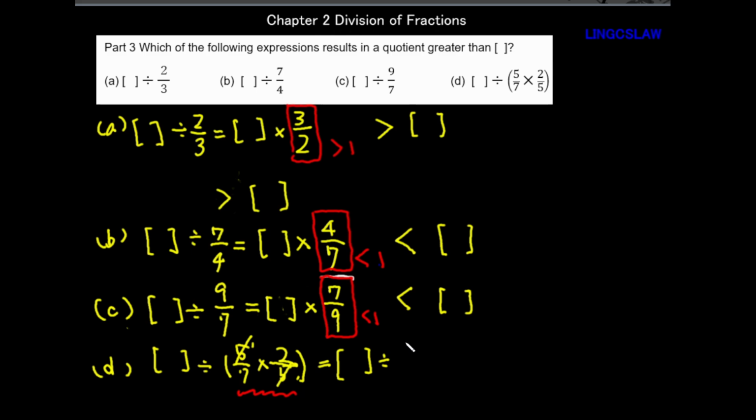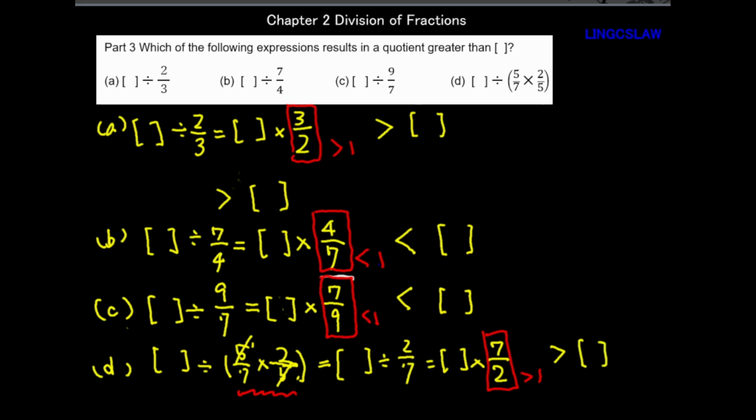So 2 over 7 equals something times 7 over 2, and 7 over 2 is greater than 1. Therefore the quotient is larger than the original number.